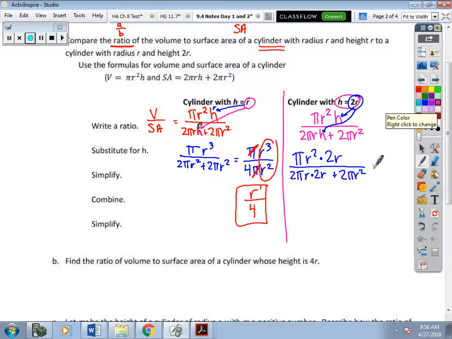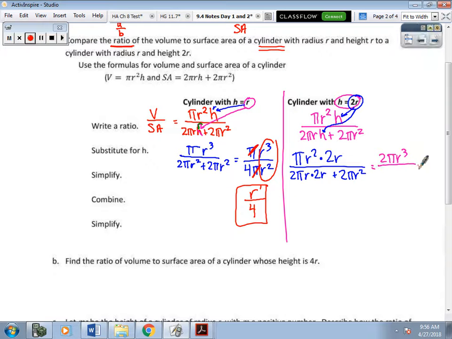And we'll simplify that. This will get me 2 pi r cubed. In the denominator, I will have 2 times 2 is 4 pi, r times r is r squared, plus, and this will just stay the same, 2 pi r squared.